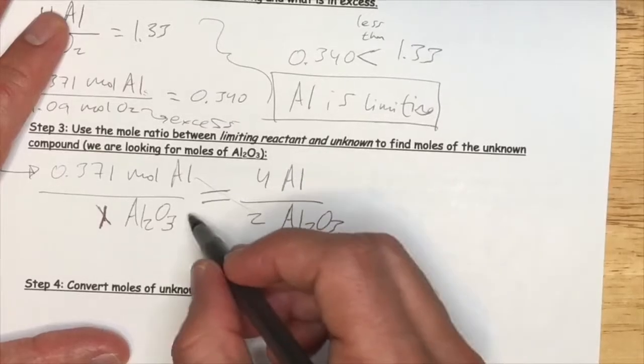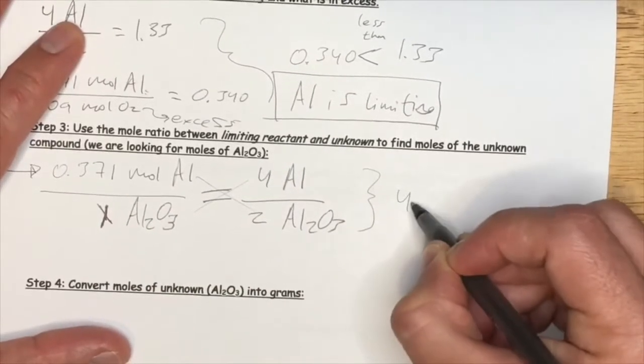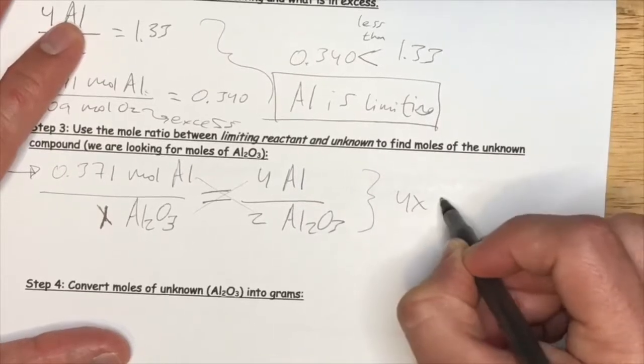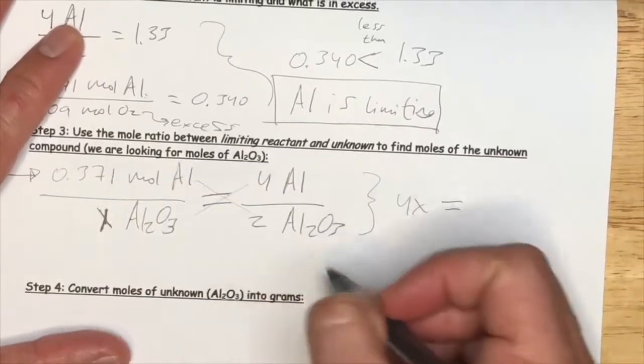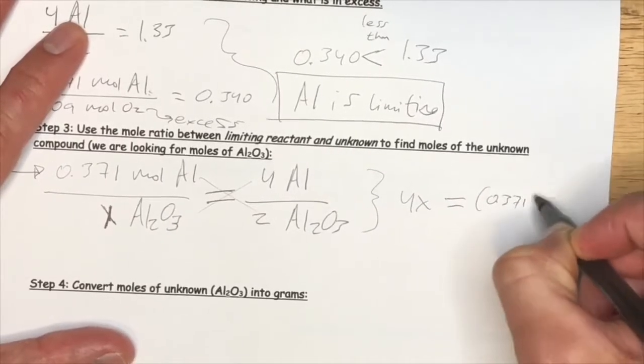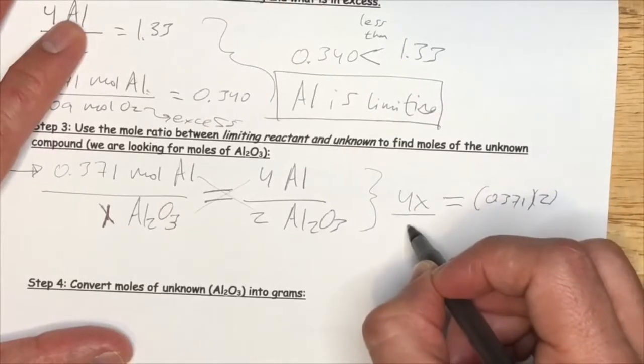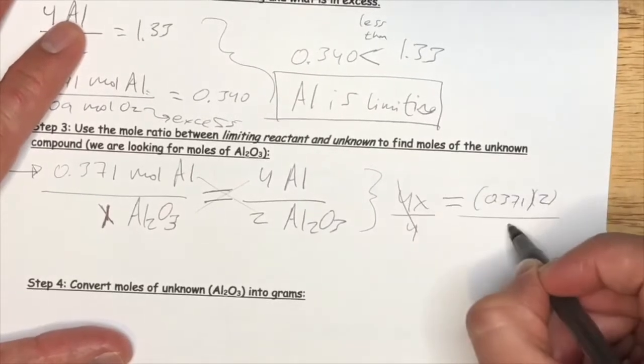So how do we solve for X? We cross multiply. 4 times X is equal to 0.371 times 2. We're going to divide both sides by 4 to get X by itself.